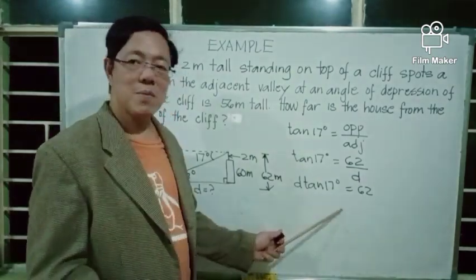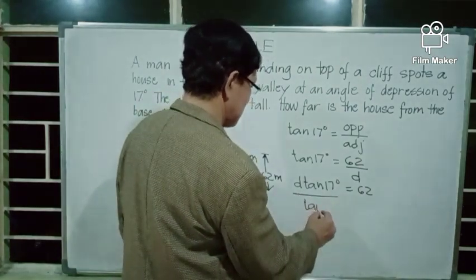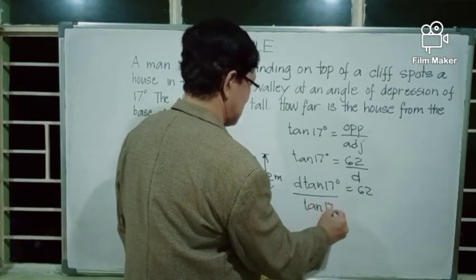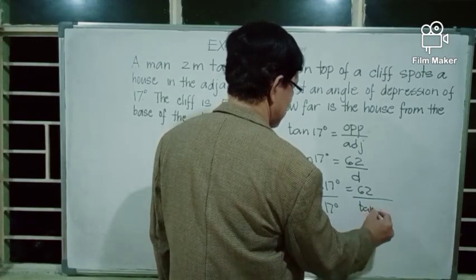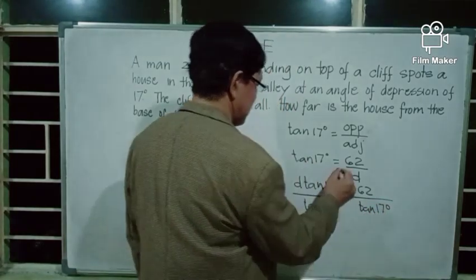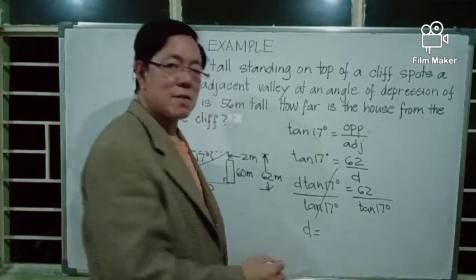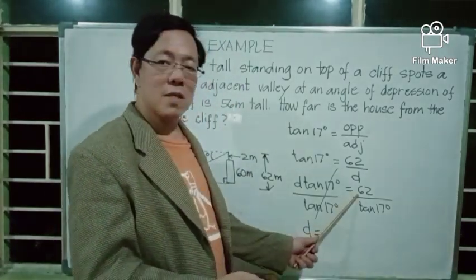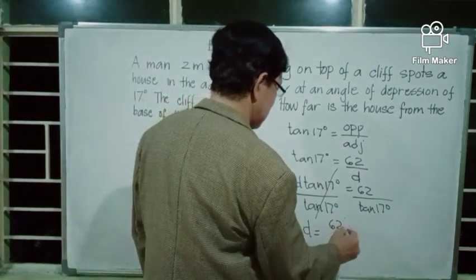We divide the left side by tangent of 17 degrees, and we divide the other side by tangent of 17 degrees. Hence, the required distance from the house to the base of the cliff is 62 divided by tangent of 17 degrees.